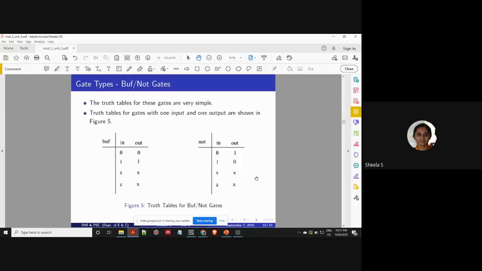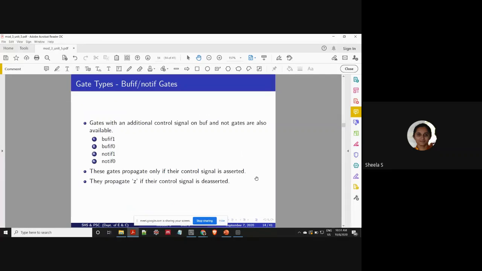And again, in case of buffer as well as NOT, we have one more option. Sometimes we have heard about tri-state buffers. What this indicates is, if we want to enable the buffer whenever it is required, I can give enable, that is the control pin, and then I can enable the buffer, or else I can disable the buffer.